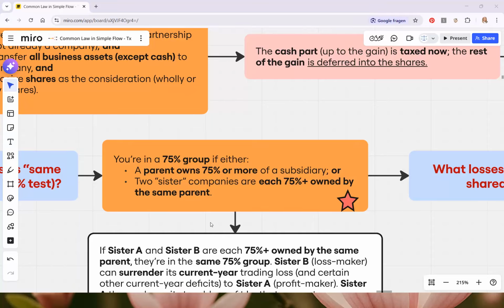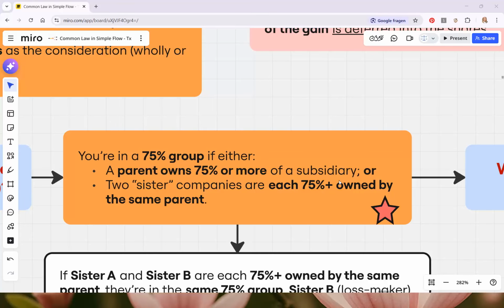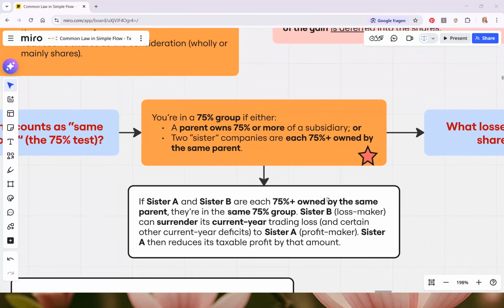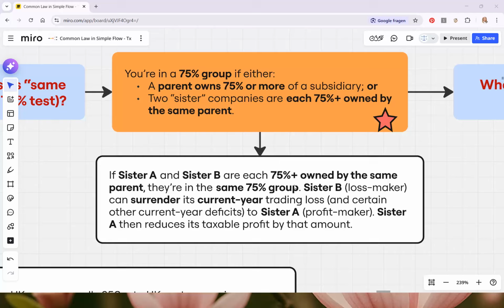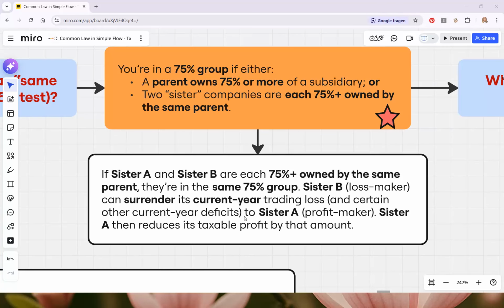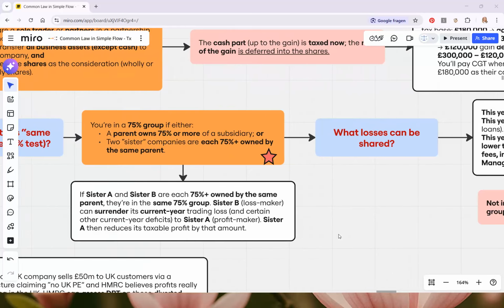So sister A and sister B are each 75% plus owned by the same parent. They are in the same 75% group. Sister B, the loss maker, can surrender its current year trading loss and certain other current year deficits to sister A, the profit maker. Then sister A reduces its taxable profits by that amount.